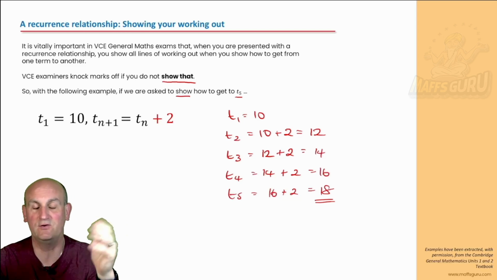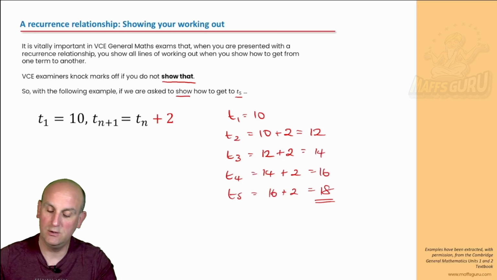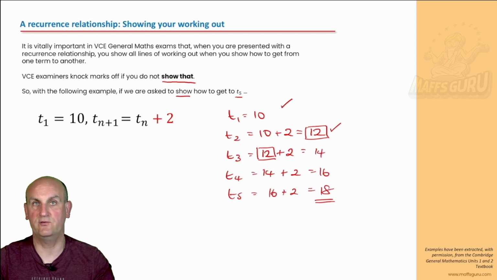They'll just go 18, you've got to give me the marks. Nope, actually they don't. So in this situation here, you would have to show what you started at, and every time you do a calculation, you'd have to show your answer, and then you would have to copy that answer back in to get your next answer. All right? Silly, but that's the way it goes.